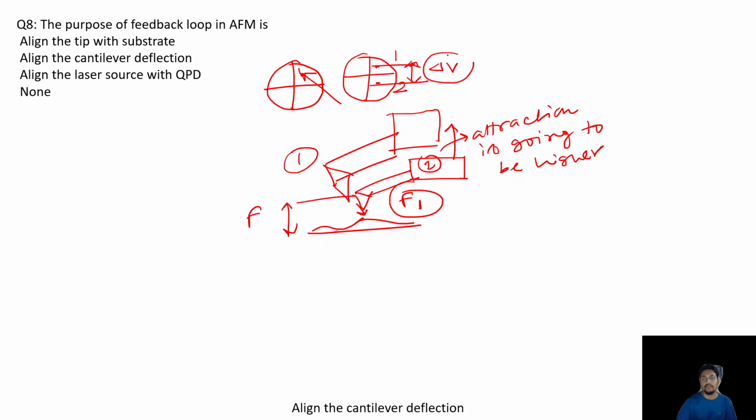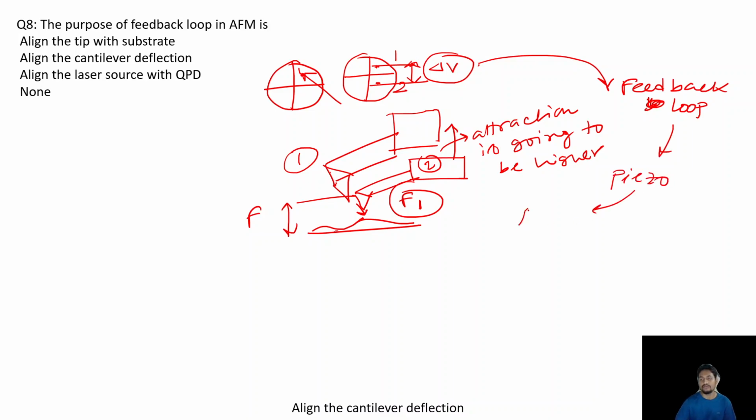This voltage goes to the feedback loop and tells the piezo to change the position. That means change the position of what? The cantilever.